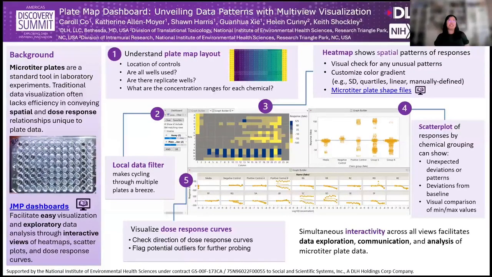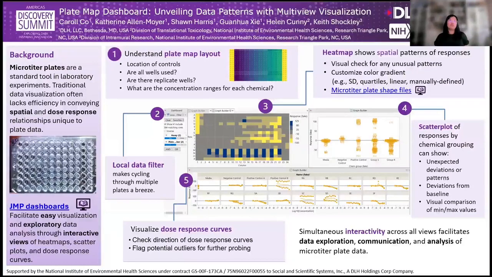Ideally, I like to be able to visualize each plate and check for any potential data issues before I do any statistical modeling. But it can be very difficult to see and understand what's happening when you have too much data. So my team and I thought about how we can make the visualization process easier.